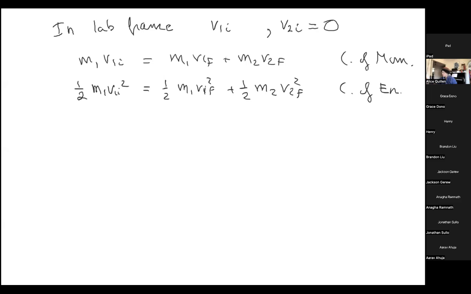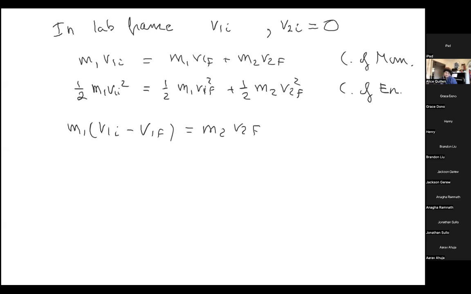So now a bunch of manipulation. Let's take the first equation. We can write m1 (v1i minus v1f) is equal to m2 v2f. I just moved one term onto the other side.